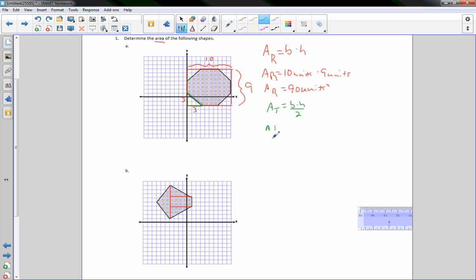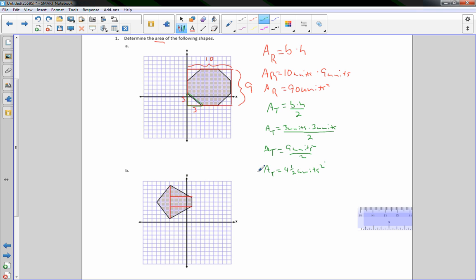The area of this triangle equals the base, which is 3 units, times the height, which is 3 units, divided by 2. So the area of the triangle equals 3 times 3, which is 9 units squared over 2, or 4 1/2 units squared. So that's the area of one triangle.